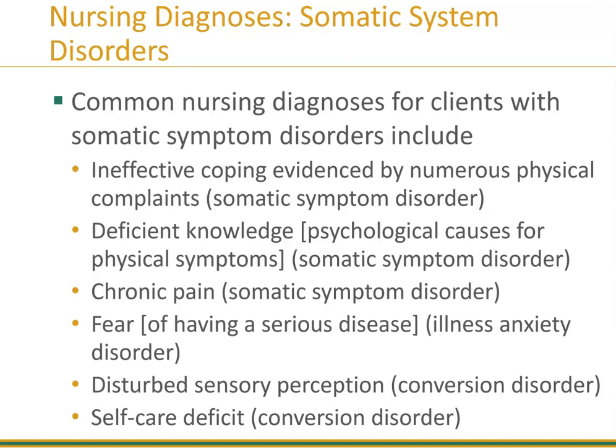The patient with somatic symptoms will have problems with chronic pain. They will have problems with fear, and they'll have a nursing diagnosis of disturbed sensory perception, especially if they have symptoms of conversion disorder.